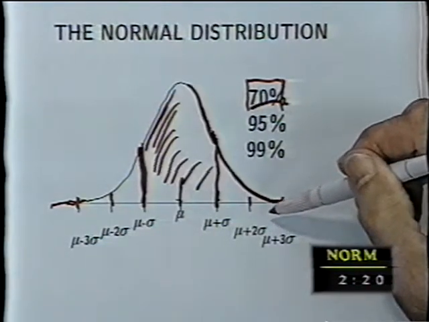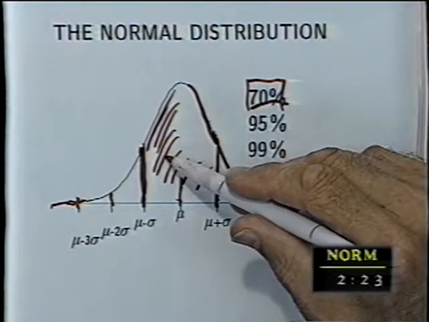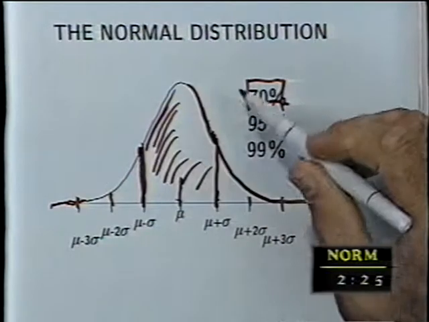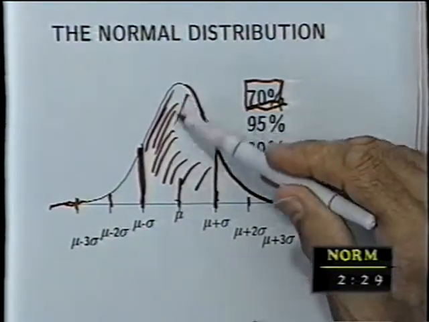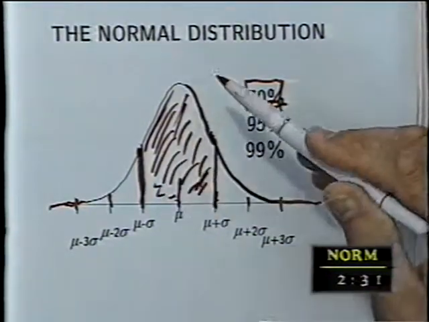Most of it, 70%. Actually, if you really want to be a stickler about it, it's just under 69%. But we're going to say 70% to round things off, nice and neat. So 70% of the area is in here.